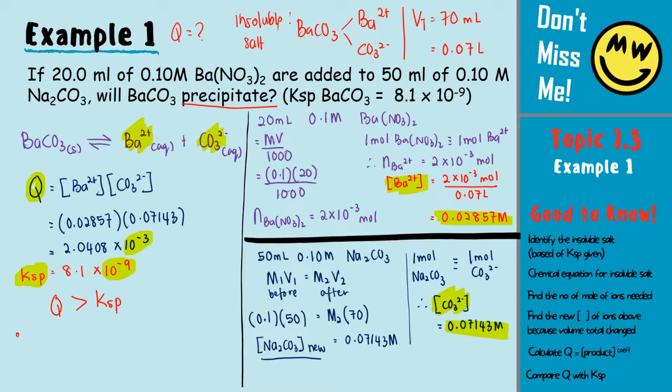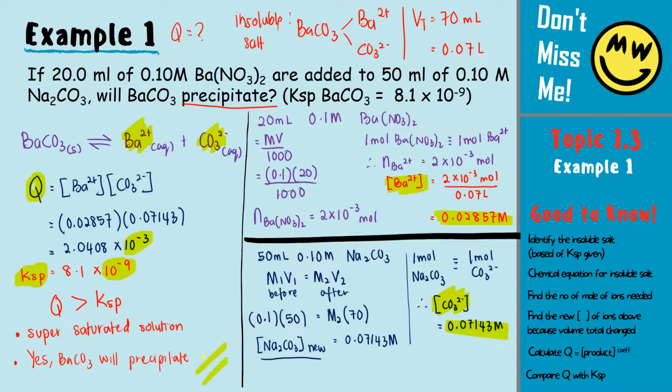When the Q is bigger than the KSP value, that means the solution that you formed is a supersaturated solution. Alright, the solution that we formed is a supersaturated solution. And since it's a supersaturated solution, what happens to precipitation? Will the barium carbonate precipitate? Yes. Alright? Yes, the barium carbonate will precipitate.